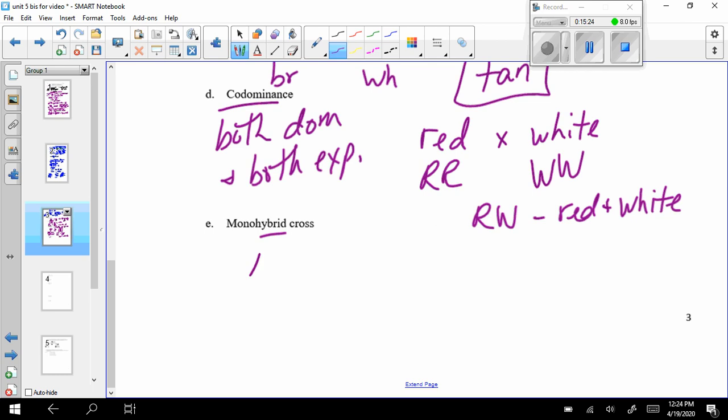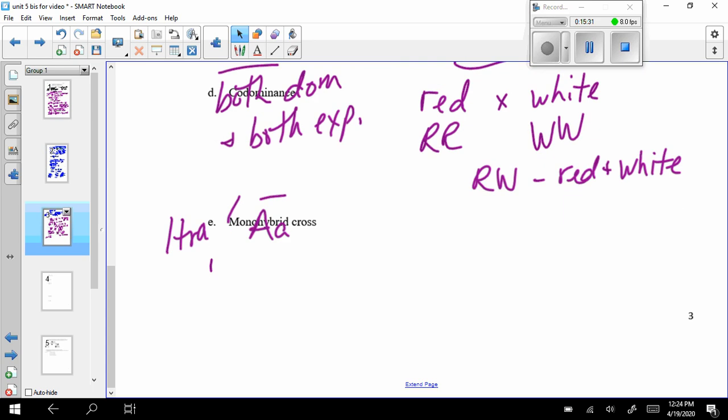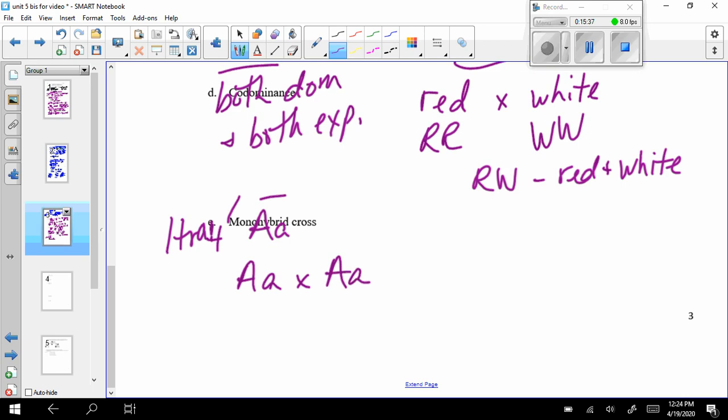All right, monohybrid cross. A hybrid means the two letters are different, and mono means it's just for one trait. So a monohybrid cross would be this, big A little a crossed with big A little a, and you can set up your square.